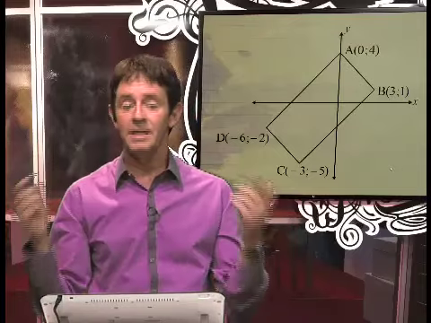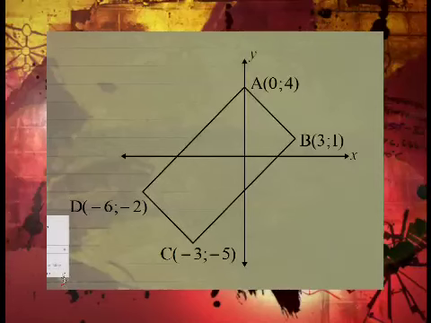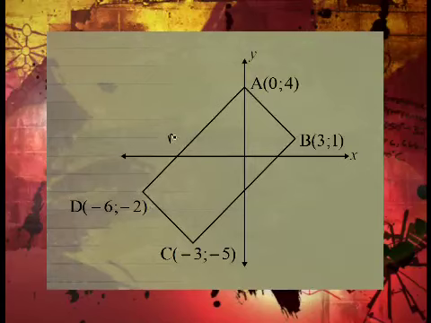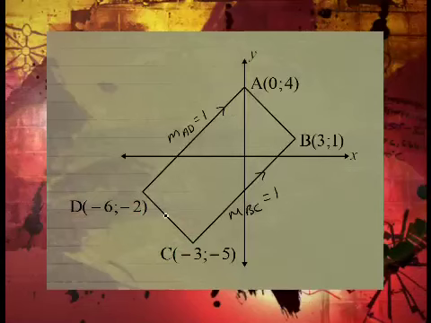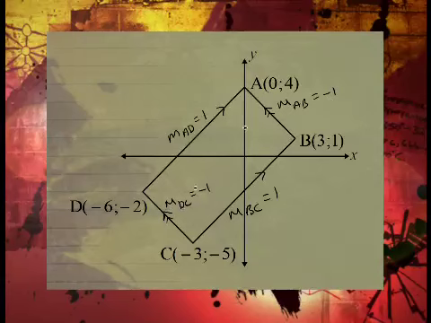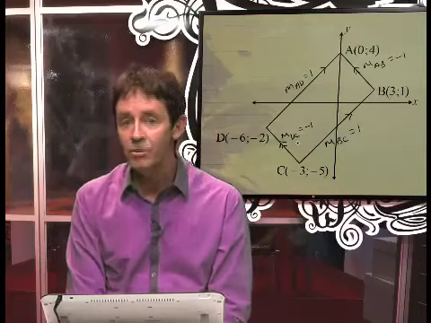We've worked out that the gradient of AD is 1 and the gradient of BC is 1, so these lines are parallel because of equal gradients. The gradient of AB is minus 1 and the gradient of DC is minus 1. So again, the opposite sides are parallel, making it a parallelogram.